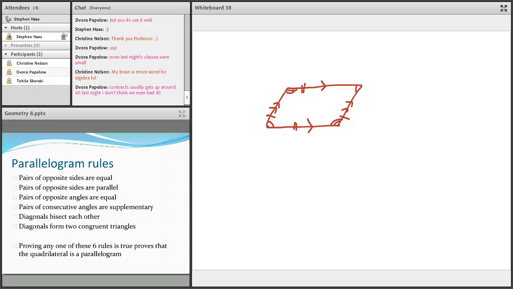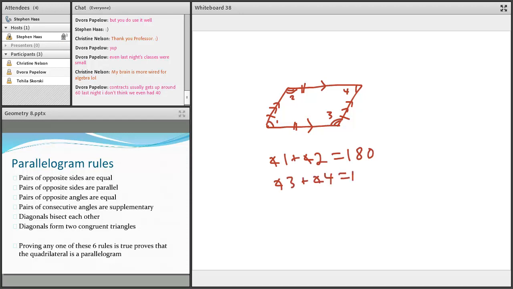Pairs of consecutive angles are supplementary, so if I say angle 1 plus angle 2 has to equal 180, and angle 3 plus angle 4 equals 180.